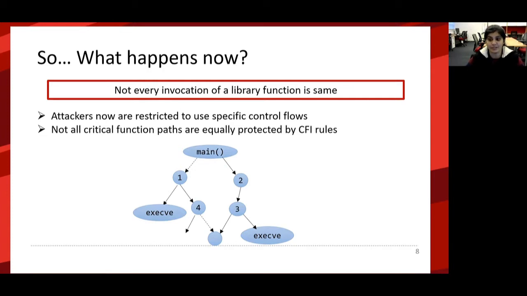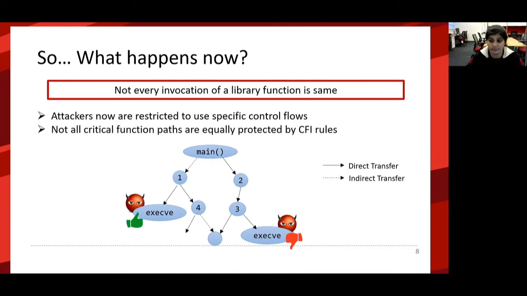Here it is important to mention that there are two different kinds of flow transfers. The solid lines are the direct flow transfers, while the dashed ones are indirect flow transfers. Of the two execv calls, the right one has direct control flow transfers all throughout. The CFI rules are pretty strict and straightforward there. While for the one on the left, there is an indirect control flow transfer.